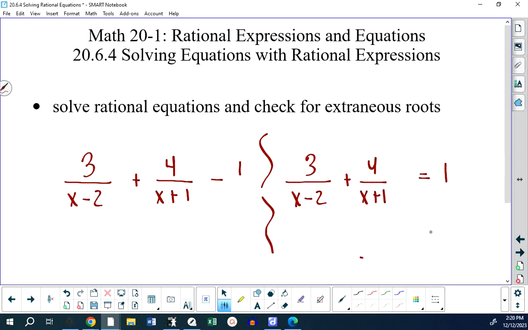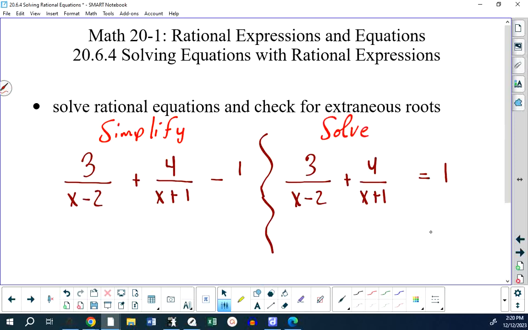This is different. The thing on the left is something that I would say simplify. The thing on the right is something that I would give you and I would say solve.